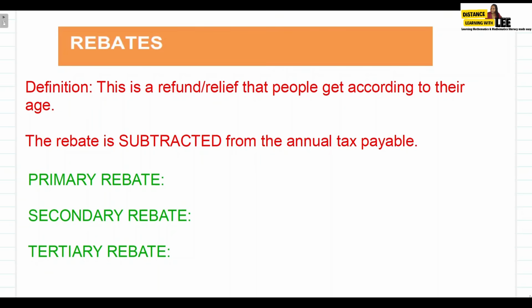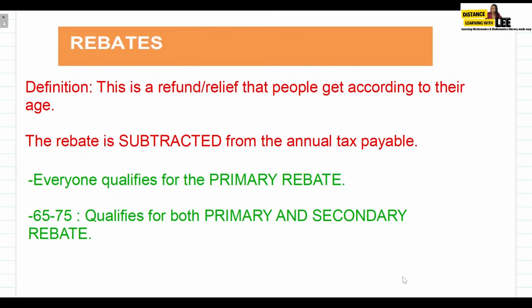And there are three different categories for your rebate. You get your primary rebate. When it comes to your primary rebate, everyone qualifies for the primary rebate. So if you are 25, 35, 65, you qualify to get your primary rebate.